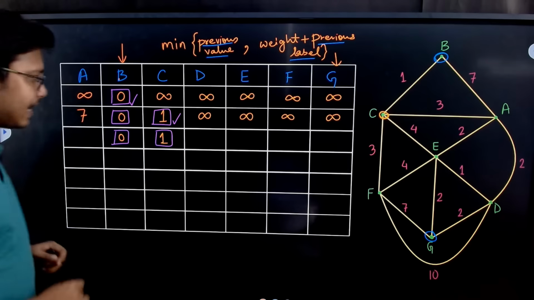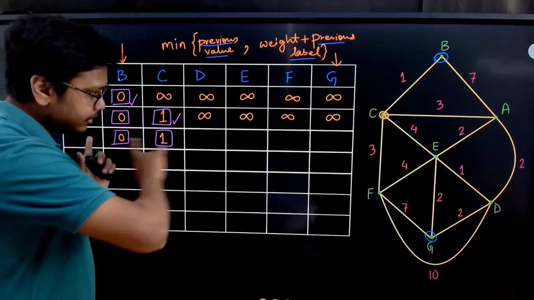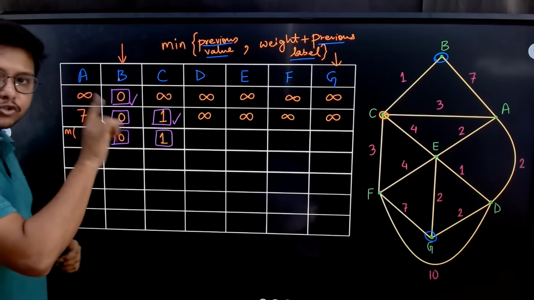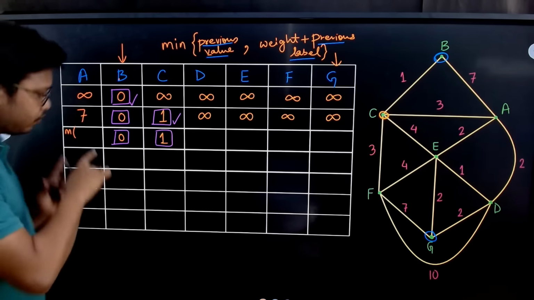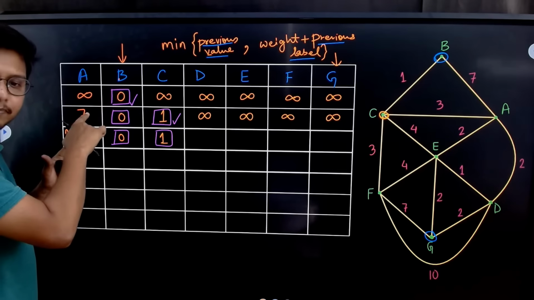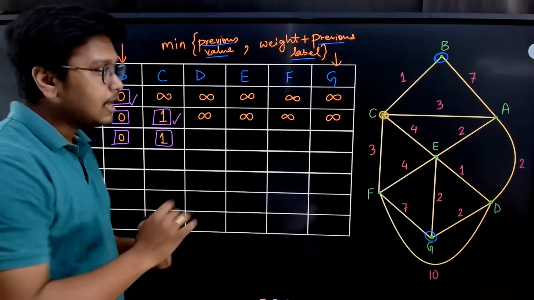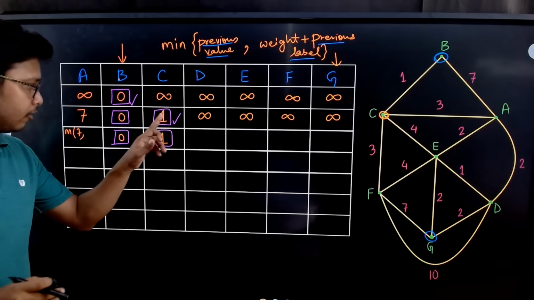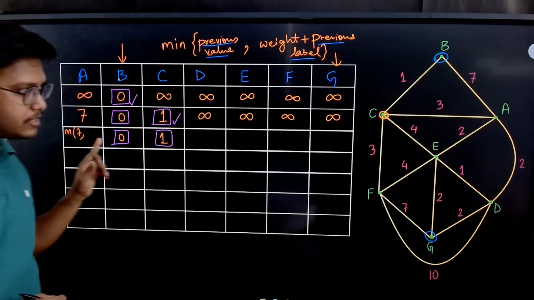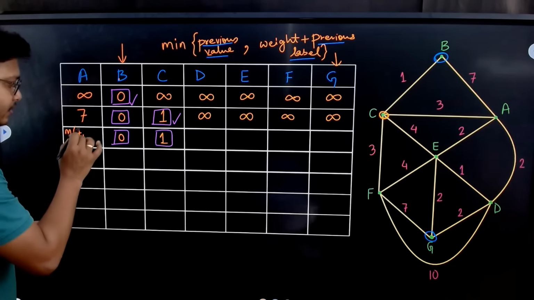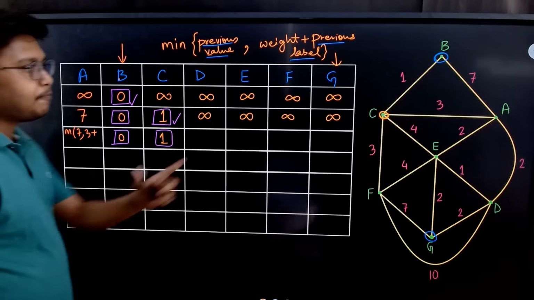So again we'll repeat the calculation. For the first time I'll write it, for the rest of the things I will not write it. Minimum of previous value. As you can see, previous value is how much? It's 7. So previous value is 7, comma, weight. Now what's the weight from C to A? From C to A, the weight is 3. So weight is 3 plus the previous label.